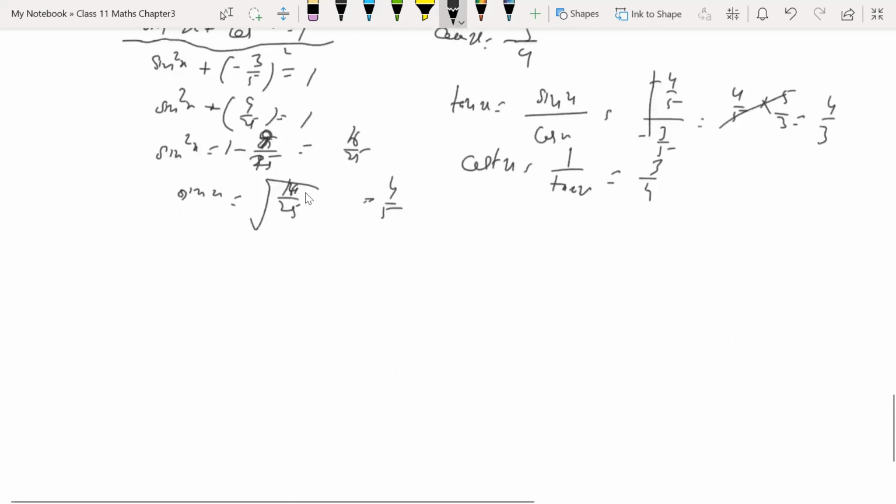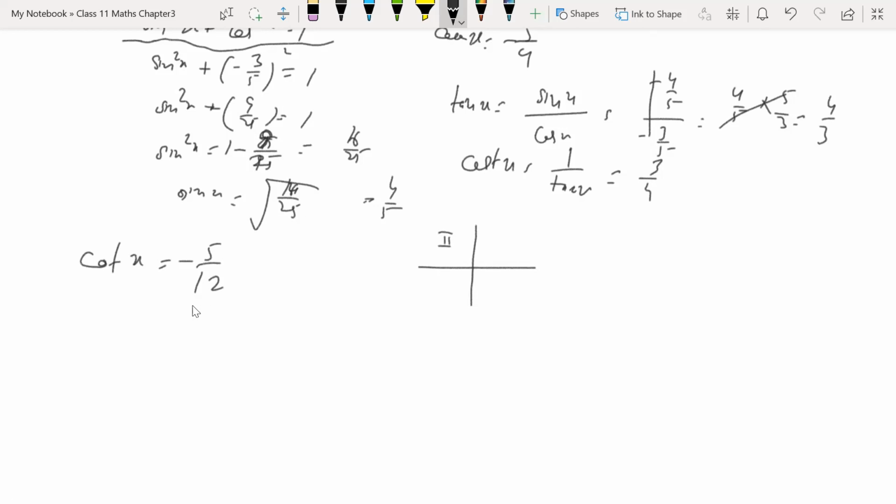Now the next example, example 7. I will do only this example for you; examples 1 and 2, don't worry. If cot x is minus 5 by 12 and x lies in the second quadrant, find the values of the other 5 trigonometric functions.